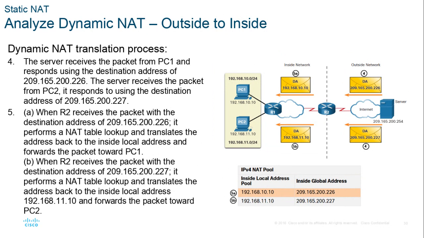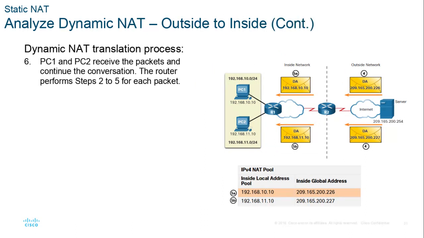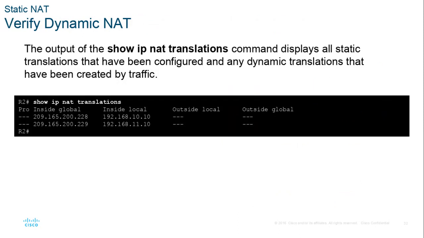You'll be able to receive that destination reply back at your workstation. And then PC1 and PC2 receive their packets. And this process, to the right and to the left, completes over and over for every packet that you send out.